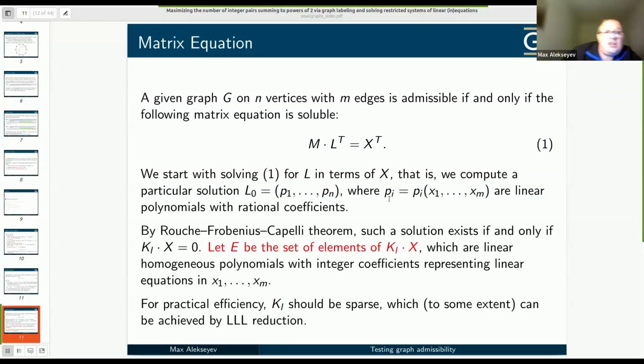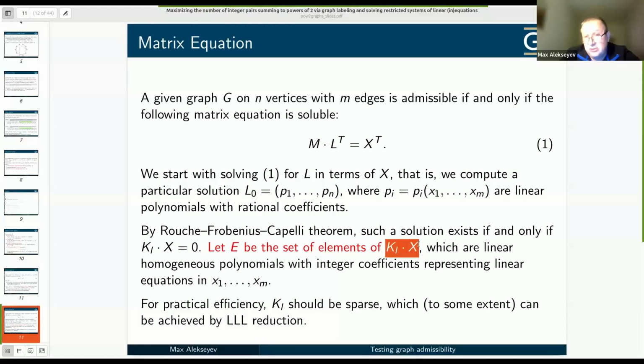Furthermore, by the Rouché-Frobenius-Capelli theorem, a solution exists if and only if K sub L times X is 0. So this is the necessary condition for existence of the solution. And let me denote the elements of this product K sub L times X. Please notice that matrix M is known to us, and therefore we know its left kernel.